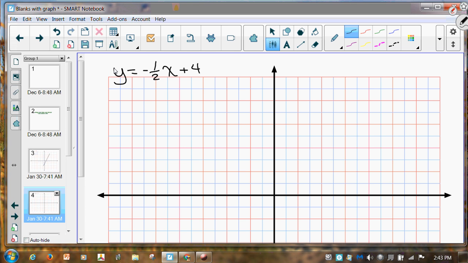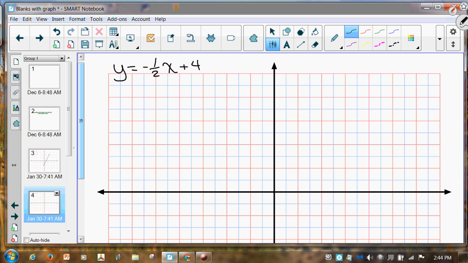Now this is very easy to do the same way. In fact, I'll do both ways here, and we'll just start the same way. We know our y-intercept is going to be at 0, 4, because we plug 0 in for x, we get 4. So our y-intercept is going to be right here, okay? And we have a slope of negative 1/2. So what we've got is a negative rise over run, which means we're going downhill from left to right.